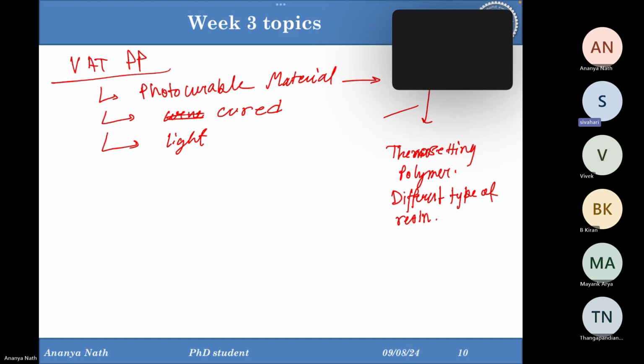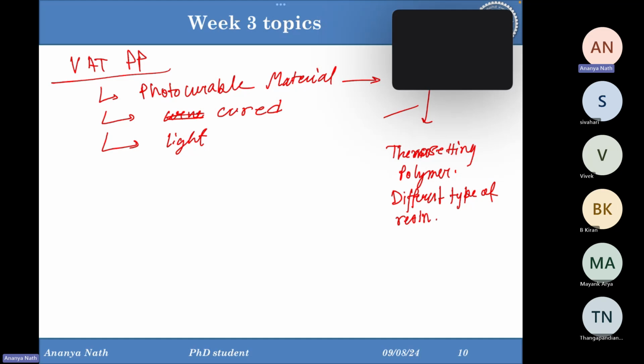Ma'am, can you repeat once? Yeah, I said that for vat photopolymerization, the raw material is photocurable material, for example, resin. And I said different types of resins are used. So can you tell me what do you mean by different types of resins?